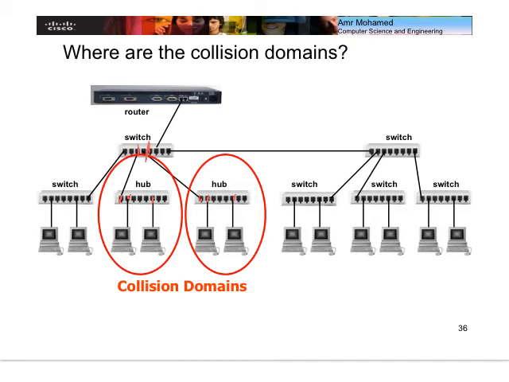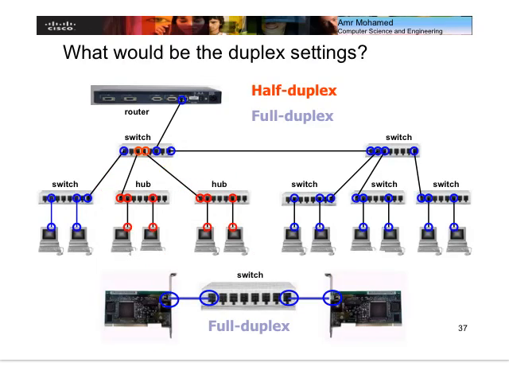But you counted it once. You don't count it twice. Yes, you count once. So these are the half duplex ones. The full duplex ones are the remaining ones. All the other ones are full duplex because they are not connected to a hub. Okay, any questions?